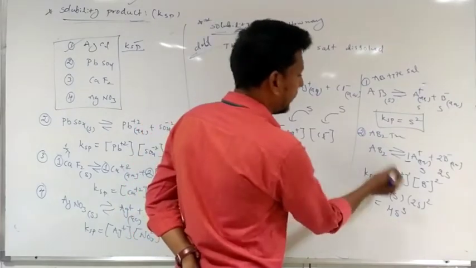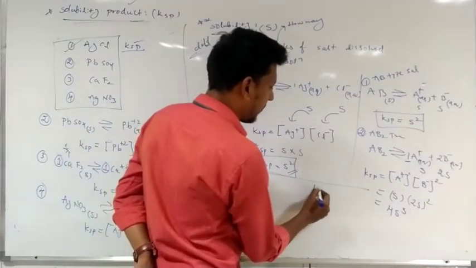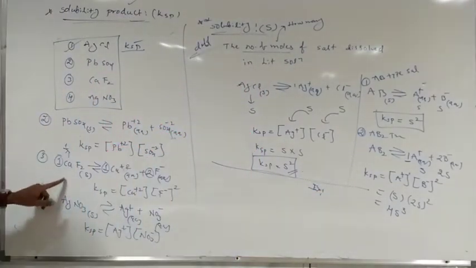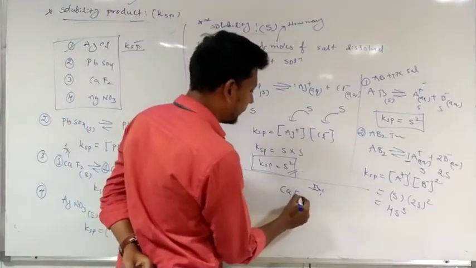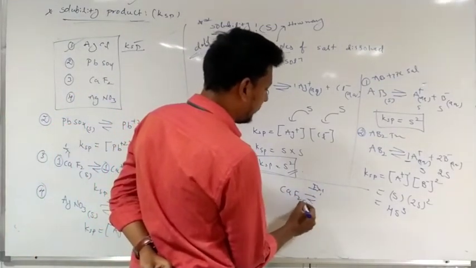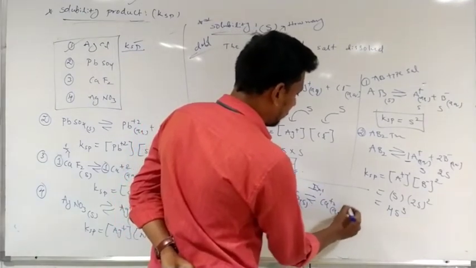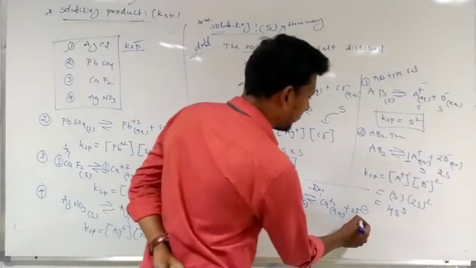This is the AB2 type. For example, CaF2 solid is in equilibrium with Ca 2 plus aqueous plus 2F minus aqueous.